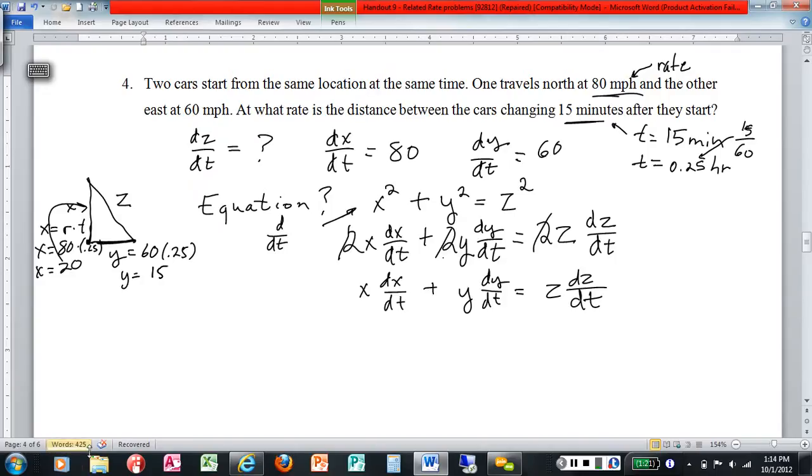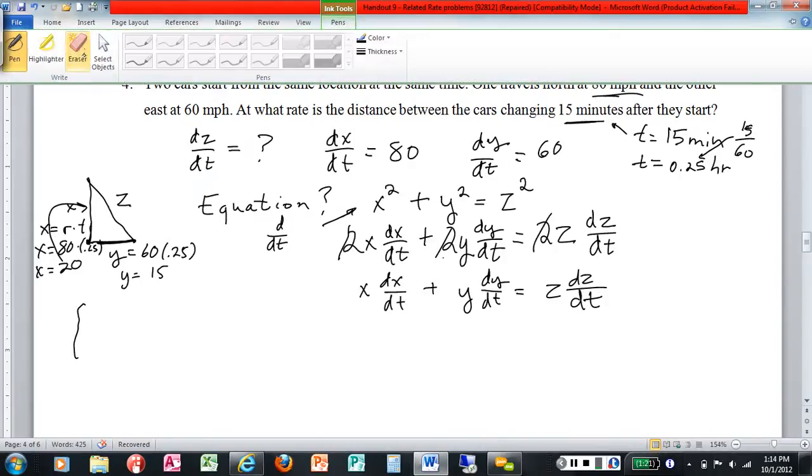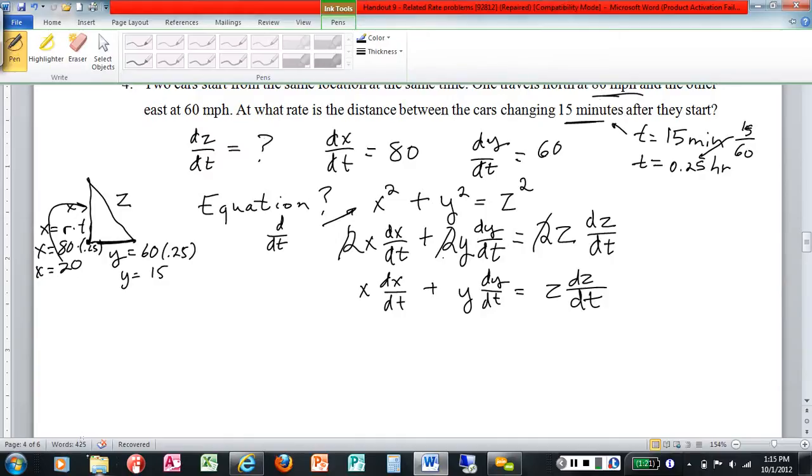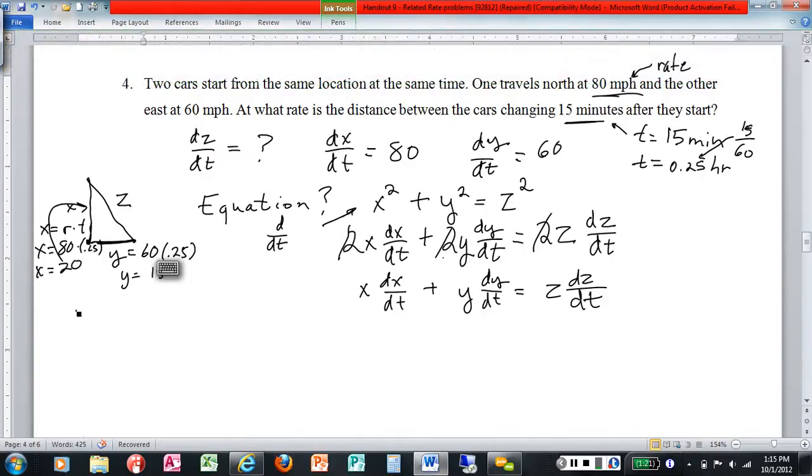So let me redraw mine. I've got a 20. Put that. Okay, I got 20 right here, 15 here.